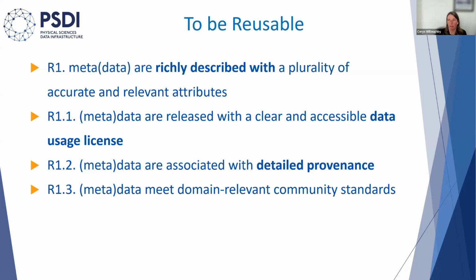Provenance is all about where did that data come from. So we need to know who created it. If we've got questions, then we need to find out where it came from so that we can understand it and also so we can get more information. And it's important to use domain relevant community standards. So it's no good to people if the data can't be opened with software or it doesn't mean anything to them. So using community standards makes it easier for people to actually make real use of it later.